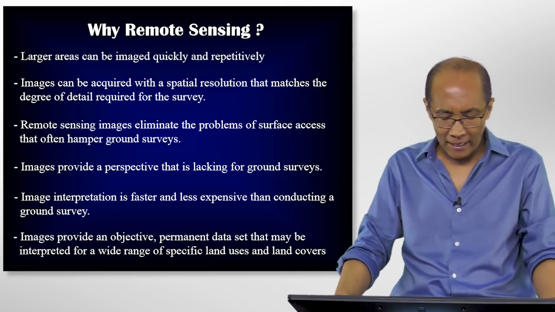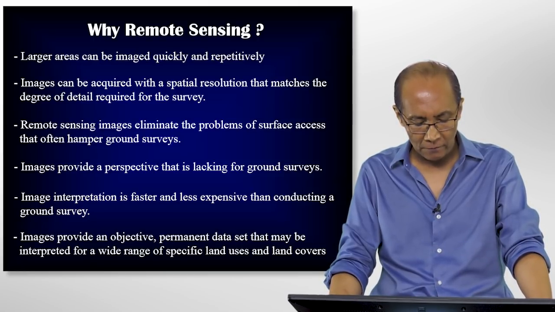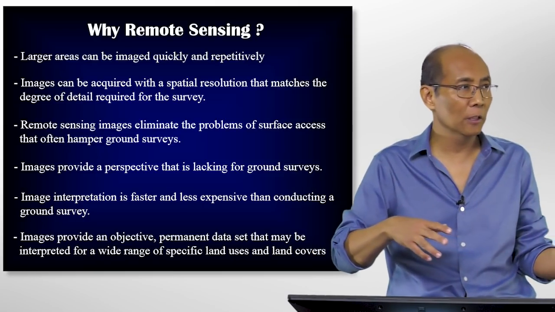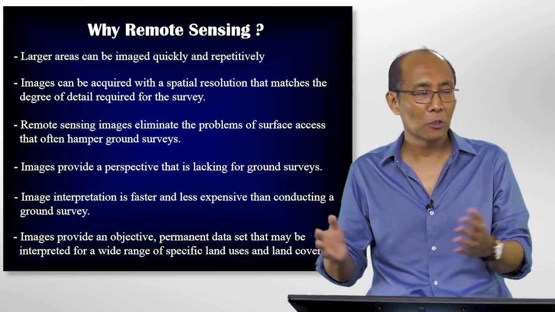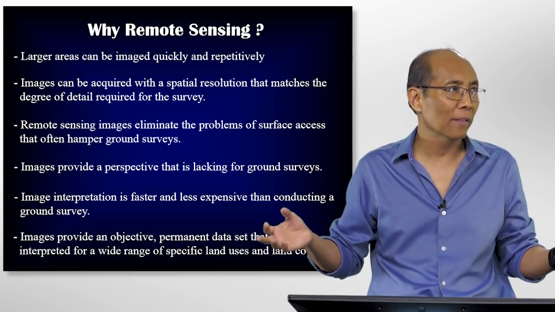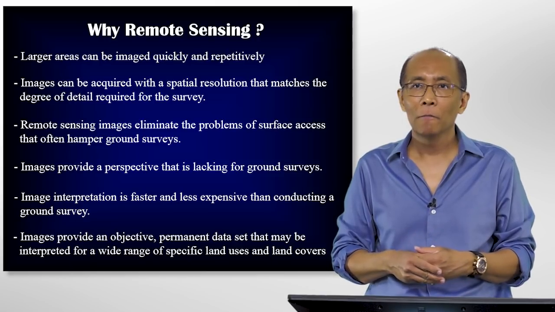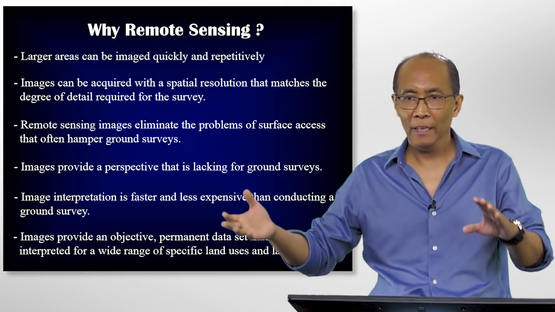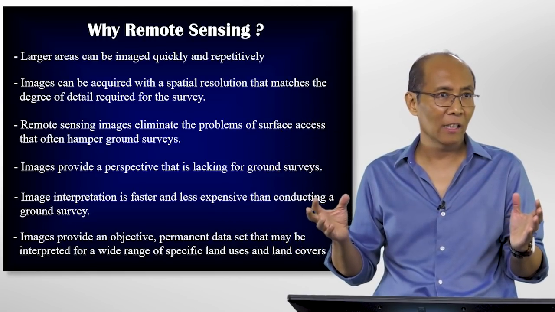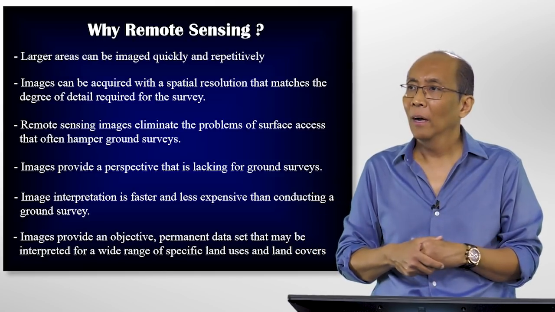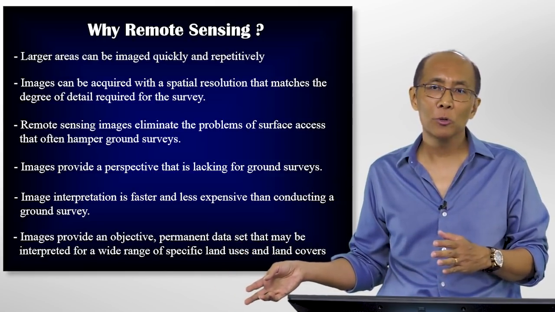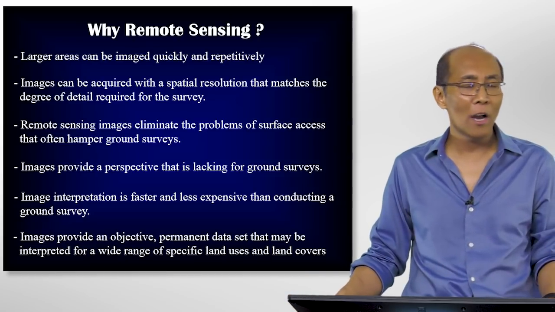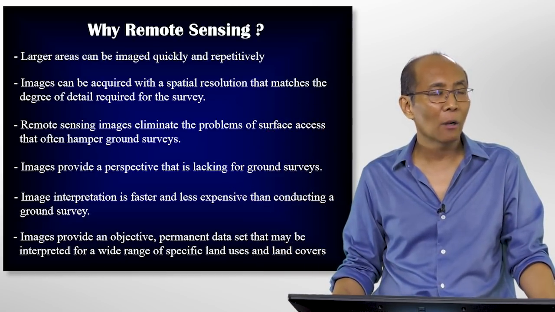And images provide an objective, permanent data set that may be interpreted for a wide range of land use land cover. So you can identify one land use land cover map that can be used for agricultural management, for land use management, for food security, for water management between urban areas and agricultural areas around the city, and for better management plans for groundwater contamination due to insecticides and pesticides used in agricultural areas, and stormwater pollution that is basically carried away from urban features.